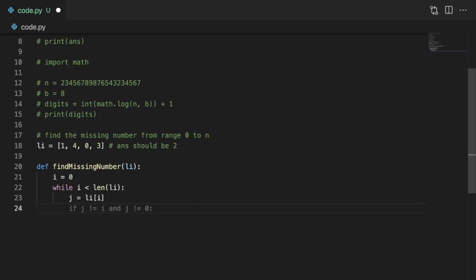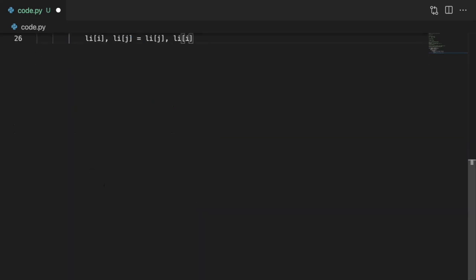Then if list of i is less than n, because I am skipping the last number since I don't have an index for it, and list of i is not equal to list of j, that basically means you have to swap: list of i, list of j equals list of j, list of i. This is very easy to swap in Python.